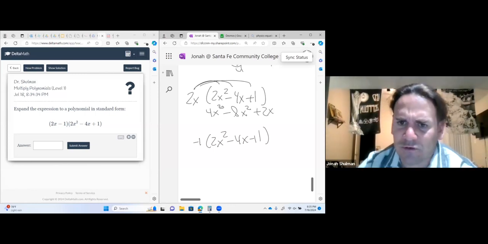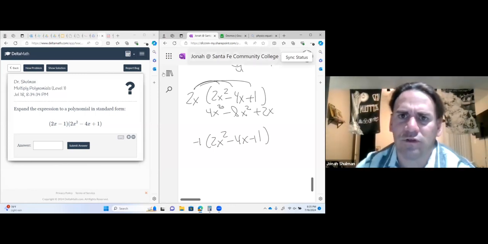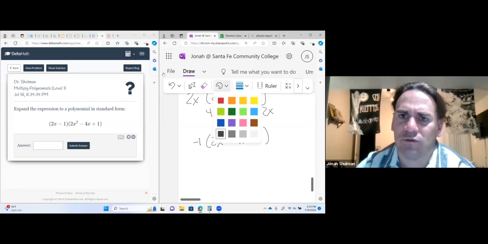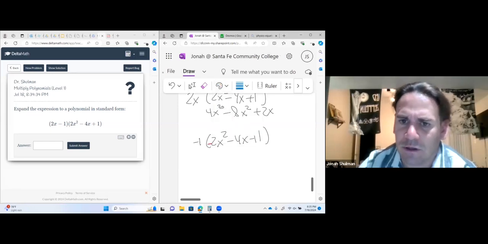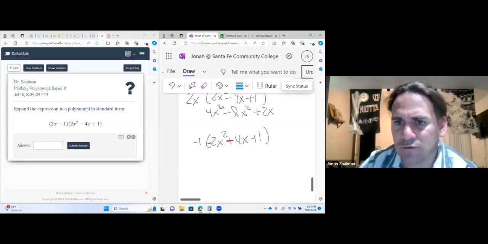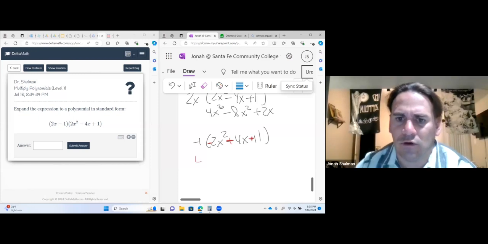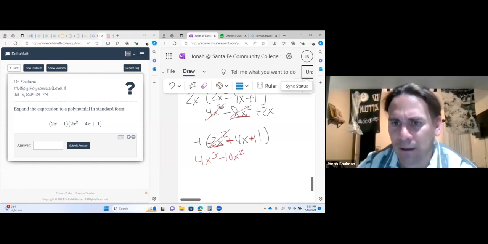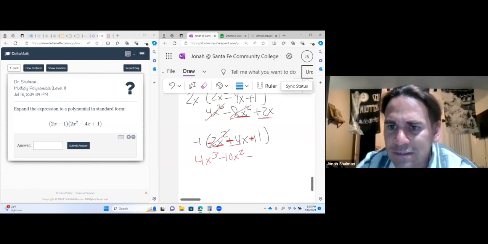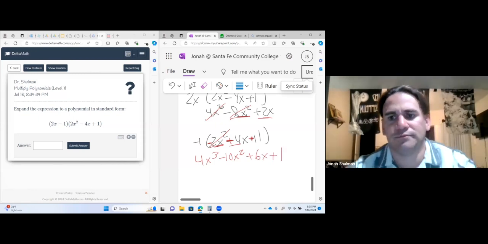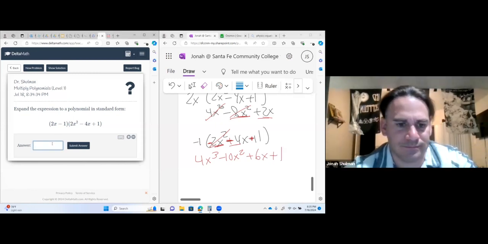And then this one, since it's -1, we just change the signs. That's all we have to do for the bottom one: take the signs and flip them. Negative, positive, positive. 4x to the 3rd, cross it out, we don't need it. Minus 10x squared, cross them out. Plus 6x plus 1. That's what it is.